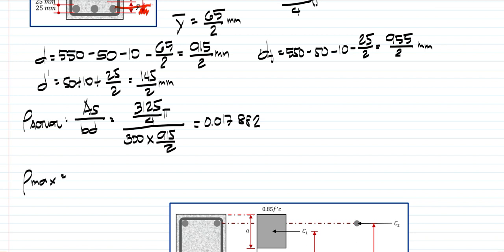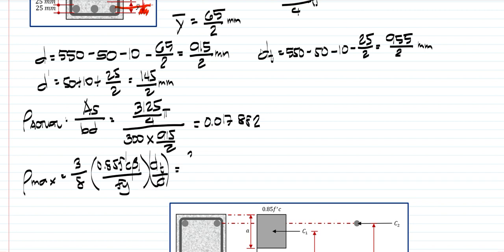Check natin yung maximum steel ratio to verify ating assumption that this is a doubly reinforced or to be analyzed as a doubly reinforced. So, that will be 3/8 of 0.85 F prime C beta 1 over Fy times dt over d.